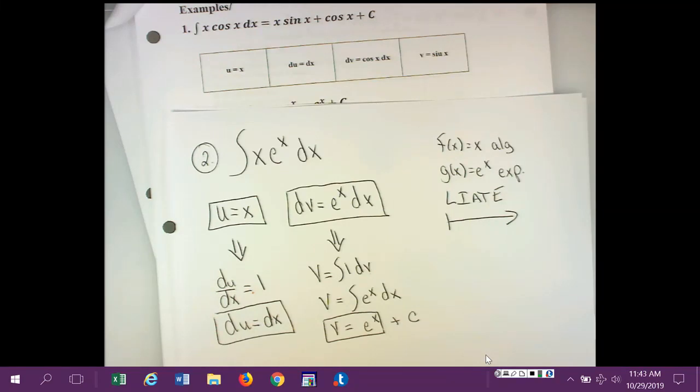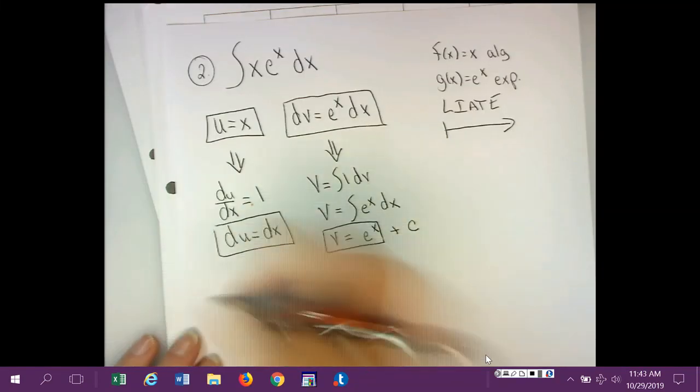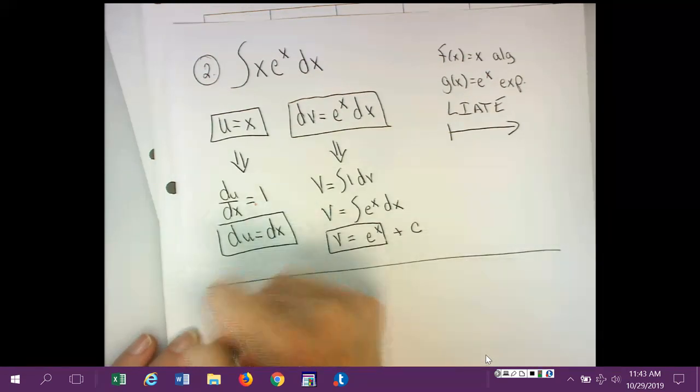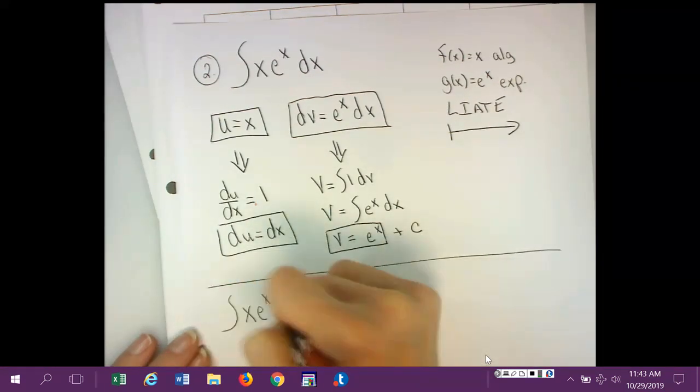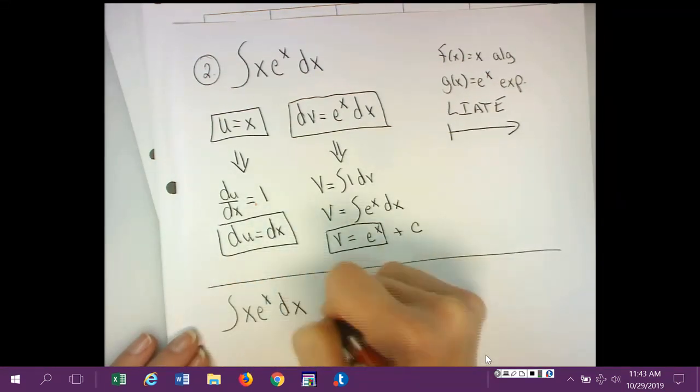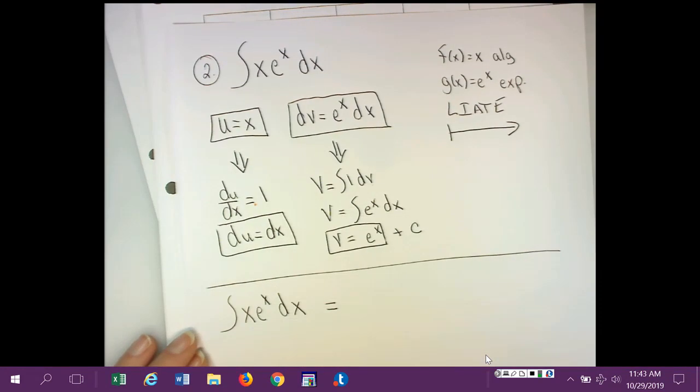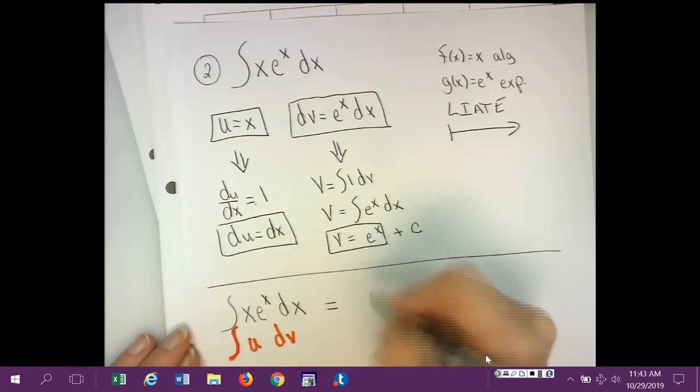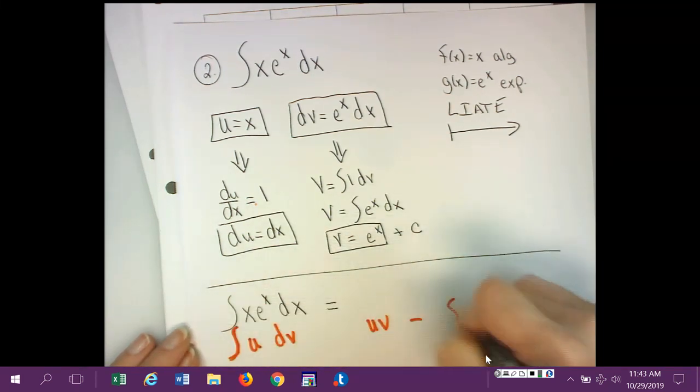And then we're ready to substitute into the formula. So I start with my original problem. And with a different color, I just want you to see that x is u, and then this is dv. And I have uv minus the antiderivative of v du.